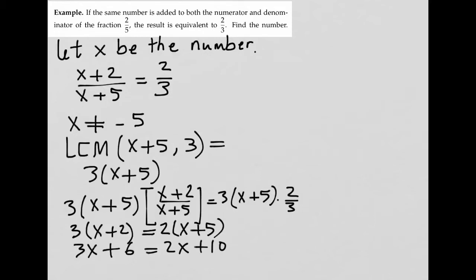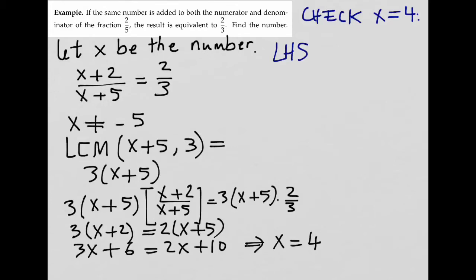So this means that x equals 10 minus 6, which is 4. Let us check that this indeed satisfies the rational equation. So let's check. x equals 4. What happens when we plug in 4 in the left-hand side?